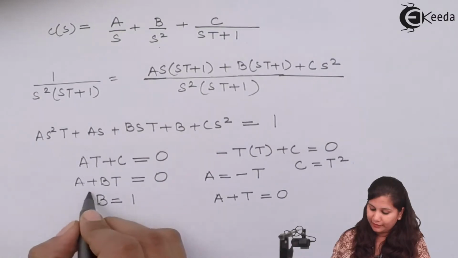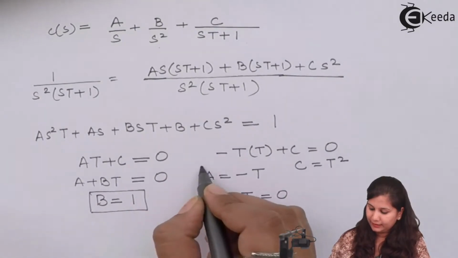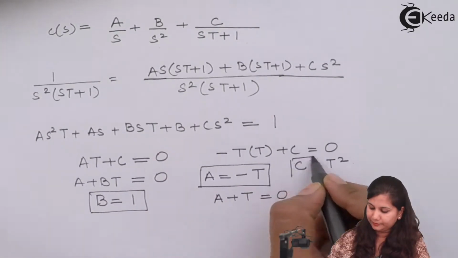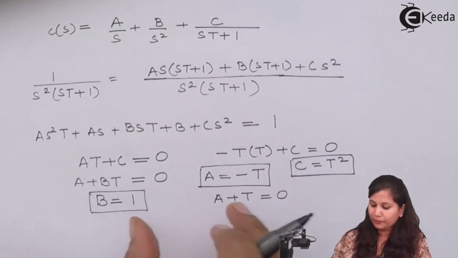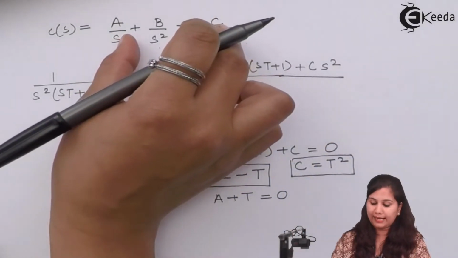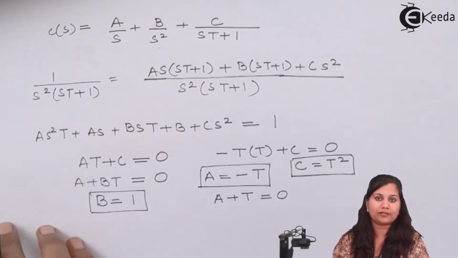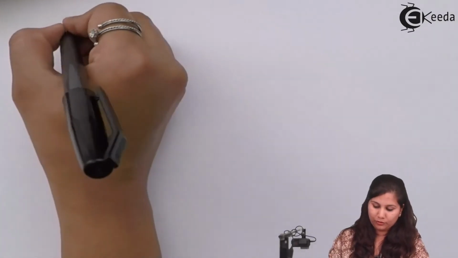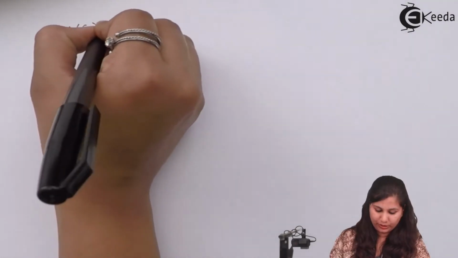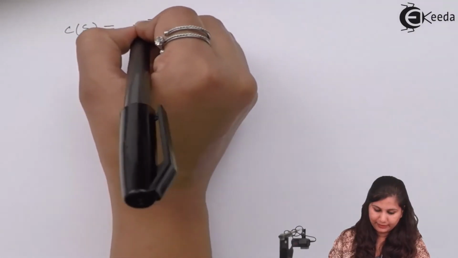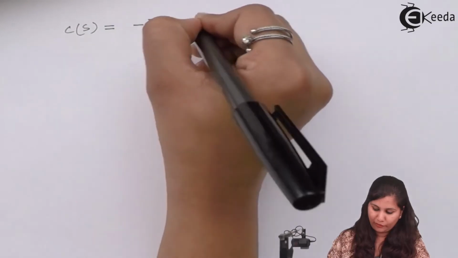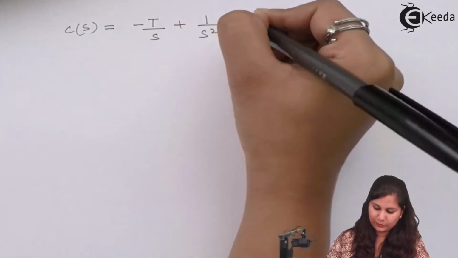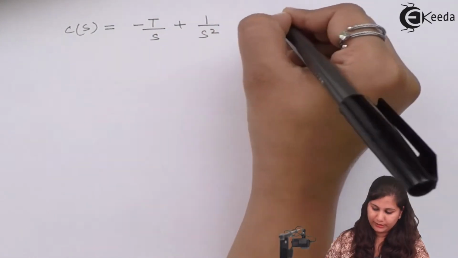So we have got the values of B, A and C. We put these values in and we get the partial fractions of C(s). So C(s) is equal to A, which was minus T by s, B, which was 1 upon s square, and C, which was T square upon sT plus 1.